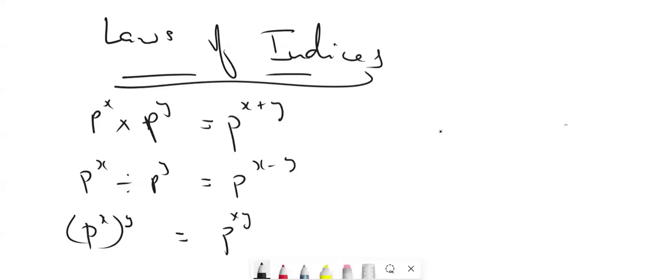I think there's another one like this: the y root of p to the x is equal to p to the x over y. I think you all should know these rules from CXC, right? There's another, it's not a new rule, it's really what we call a corollary.